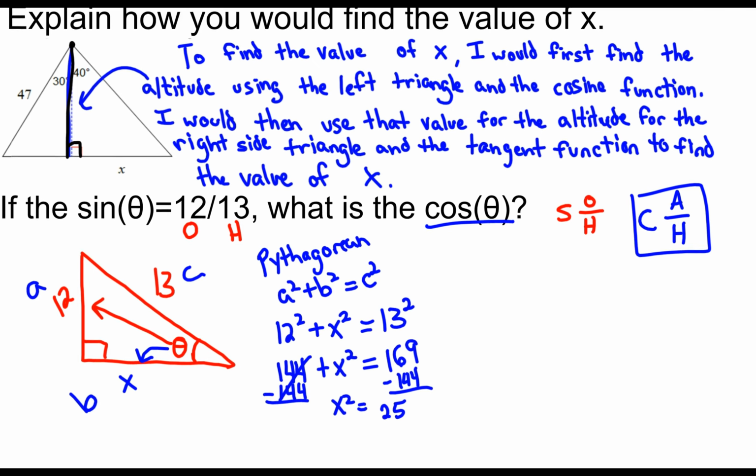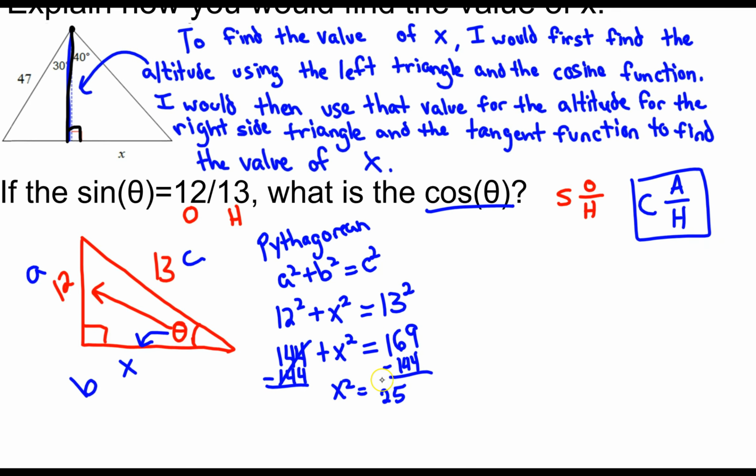So now to solve this equation for x squared, to get rid of a square, what you do is you take the square root. So if I take the square root on this side, the square and the square root cancel. But if I do that to one side, I have to do it to the other. So the square root of 25 is going to be 5. So that means my missing side length is 5.